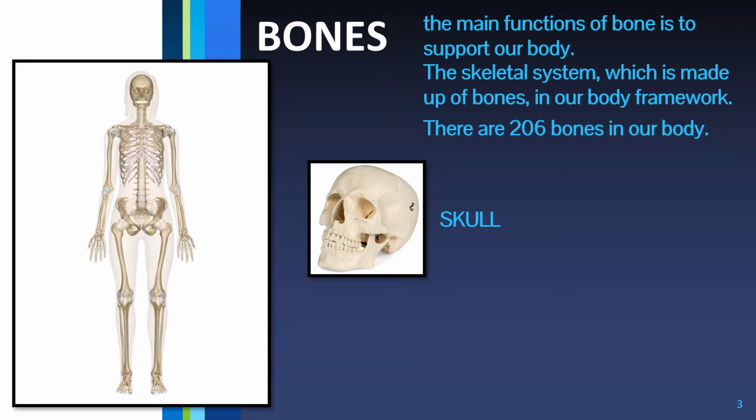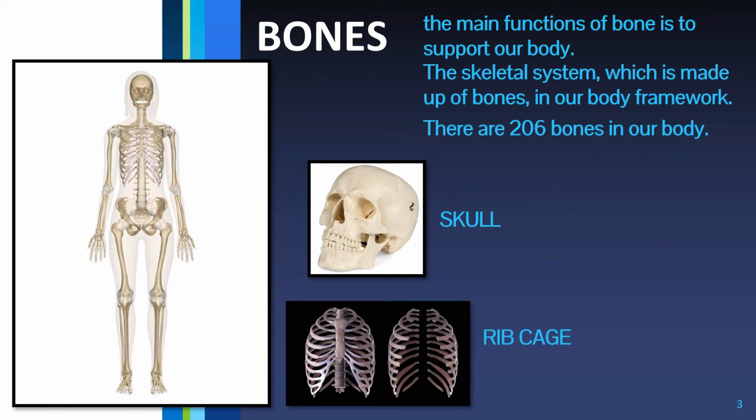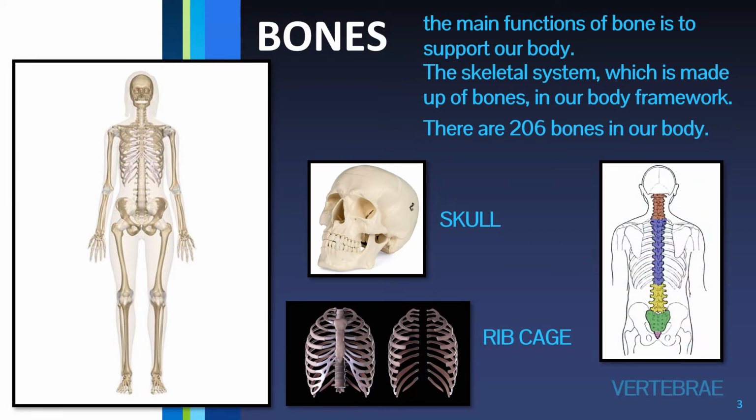The skull protects our brain. The rib cage protects our lungs and heart. The last one is the vertebrae, which protects our spinal cord. So that is the first major organ.